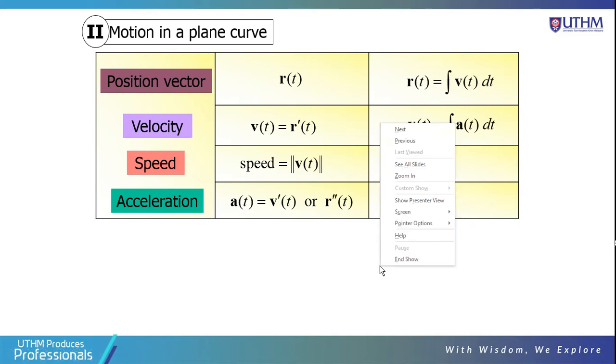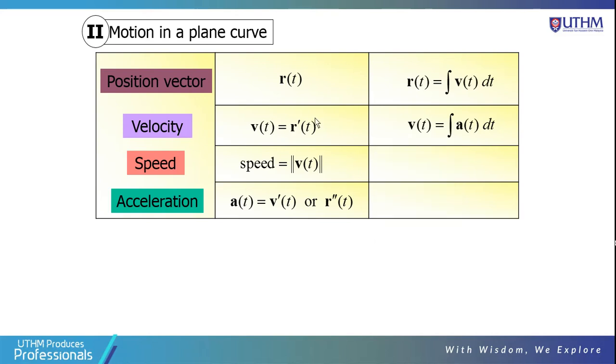Given the vector function r(t) equals, say, square root of t i plus cos t j plus k.